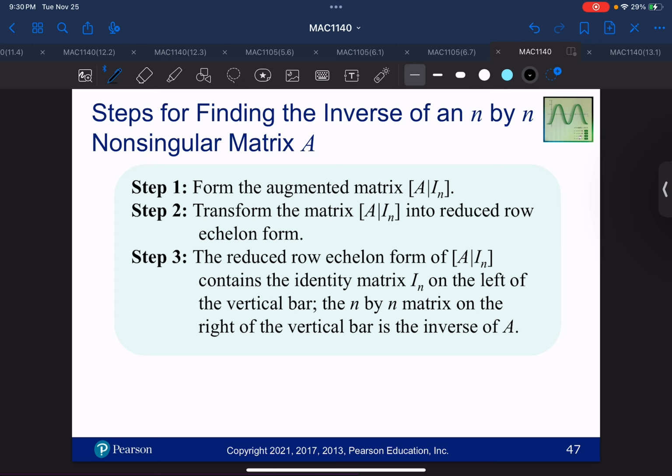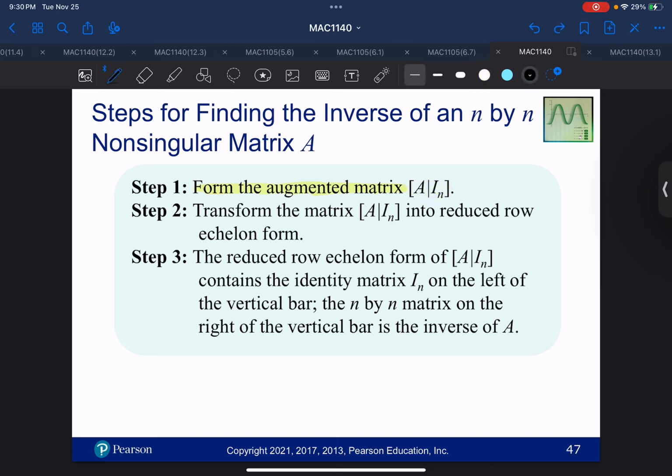So we are going to go over the steps on how to find the inverse of an n by n matrix. The first step is, if we have a matrix A, to form the augmented matrix like this. So this whole thing is a matrix itself.